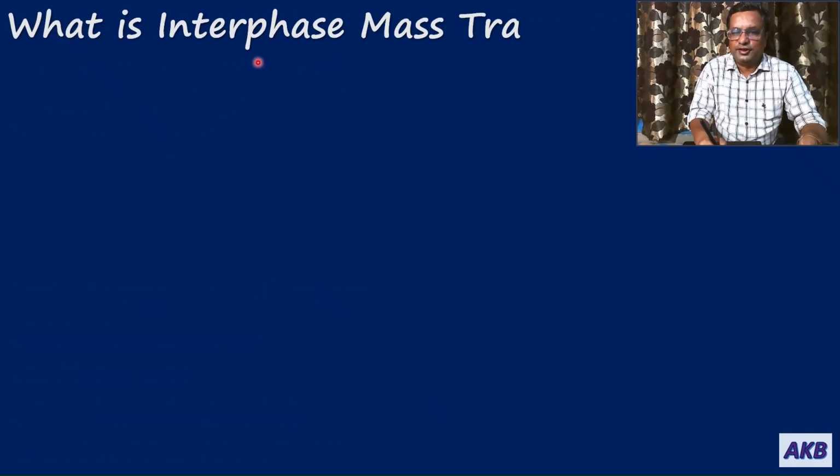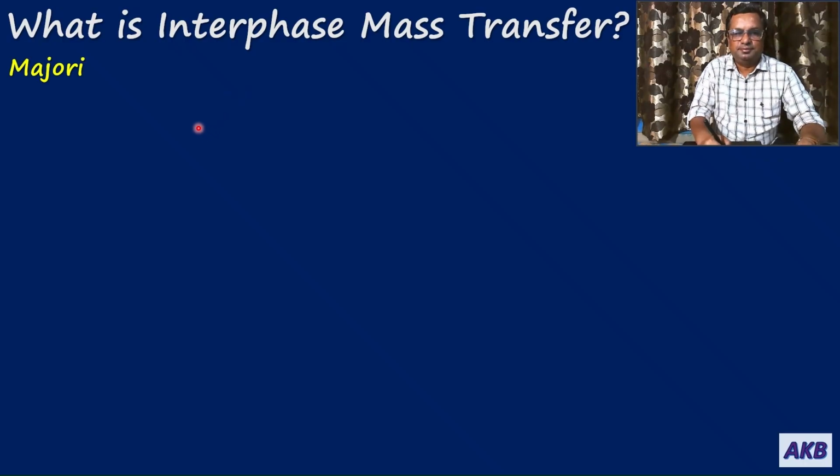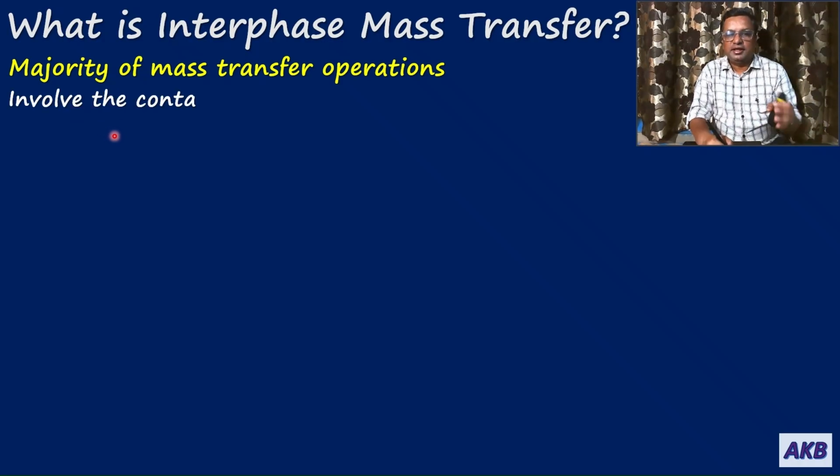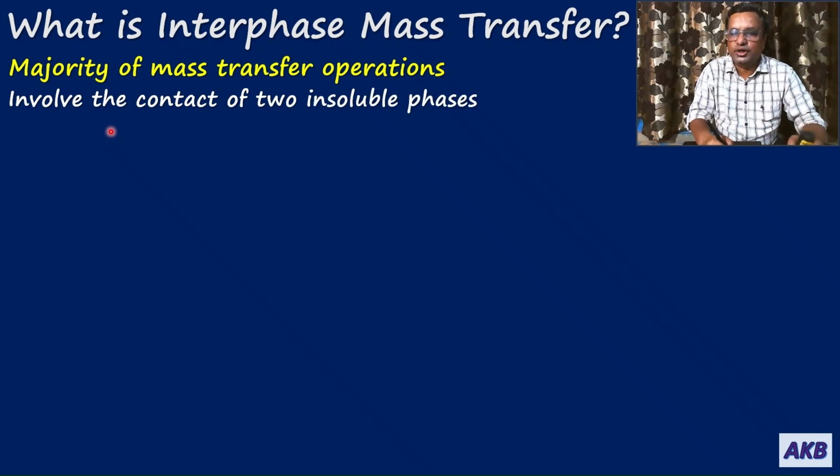So what is interphase mass transfer? Let us understand. We need to know that the majority of mass transfer operations that are used in chemical industries involve the contact of two insoluble phases. So it could be gas and liquid, it could be two insoluble liquid phases, or it could be liquid and solid, or gas and solid.